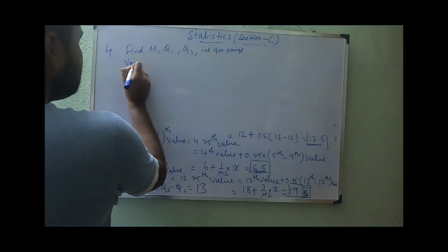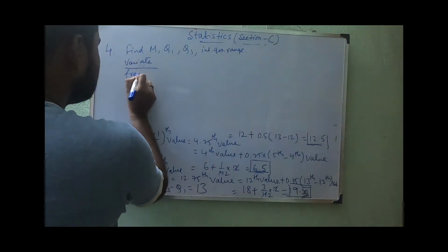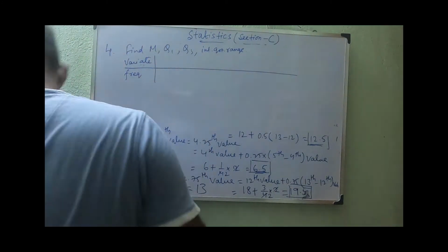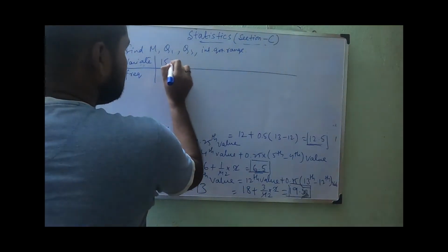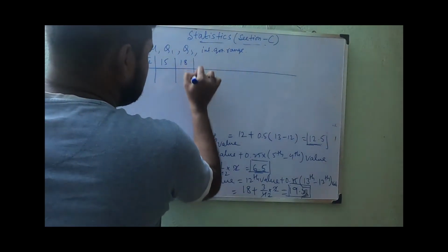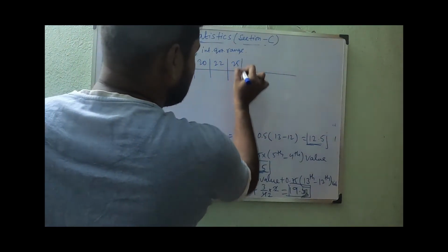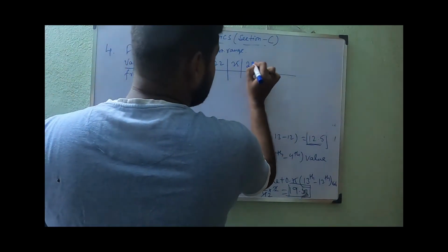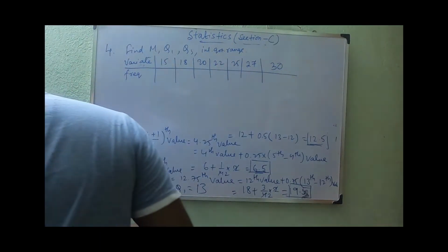So it is given, the variate and frequency. The variate values are 15, 18, 20, 22, 25, 27, 30.